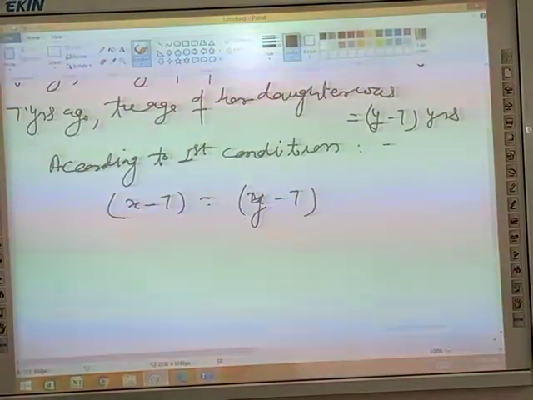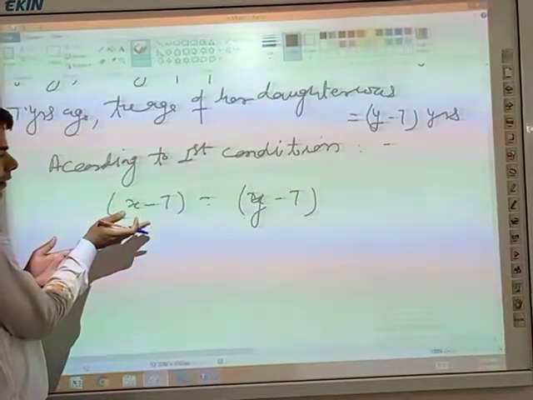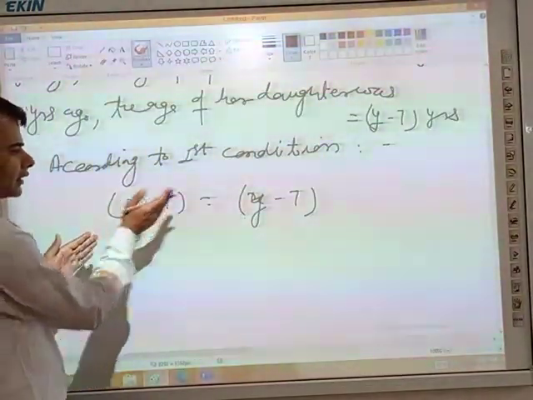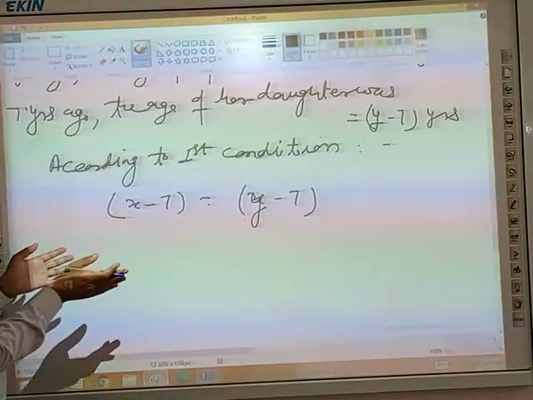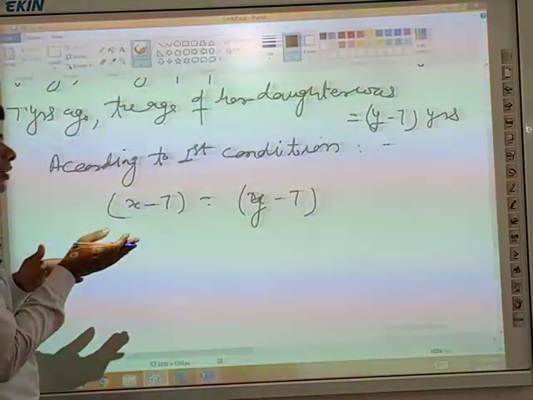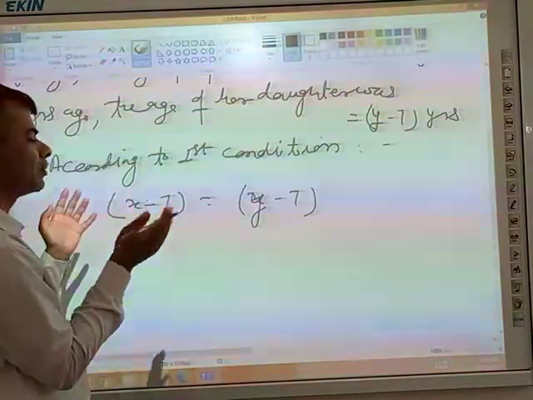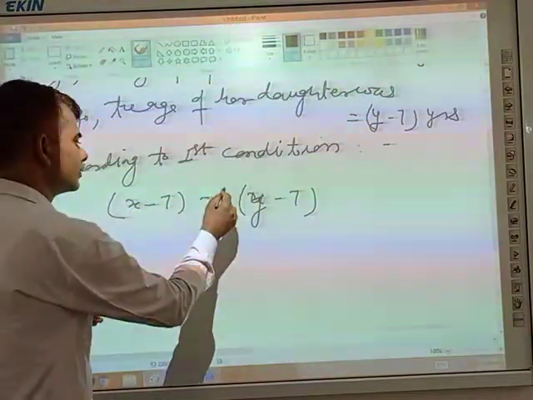Now students, 7 years ago Aftab is 7 times older than his daughter. To equalize it, we will multiply the age of his daughter by 7.